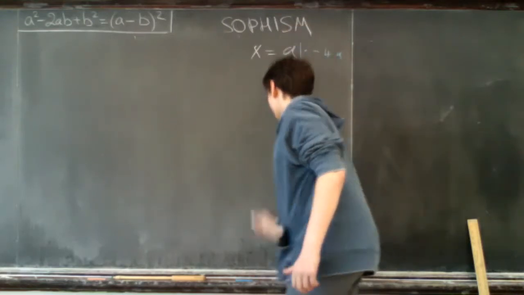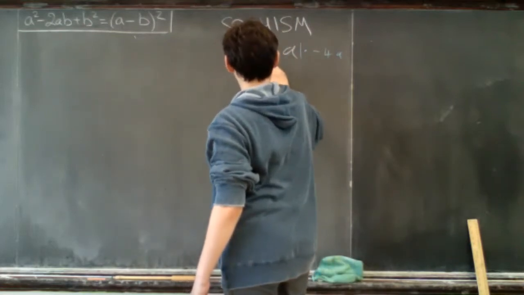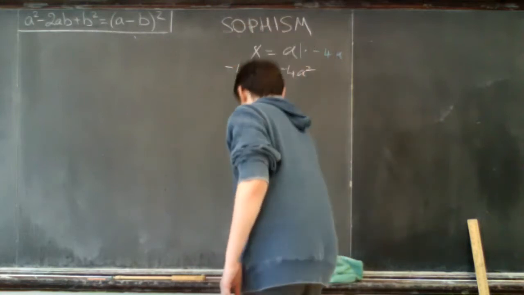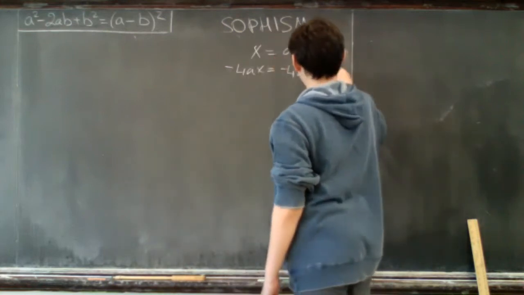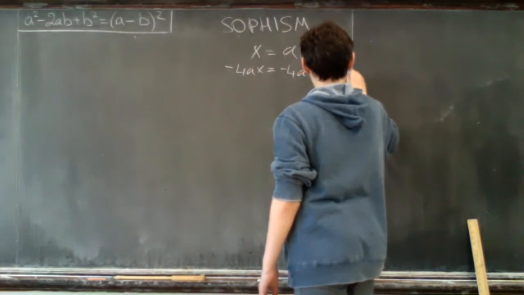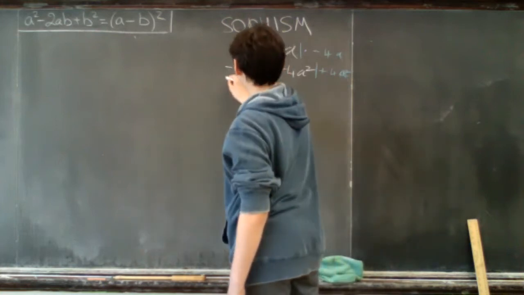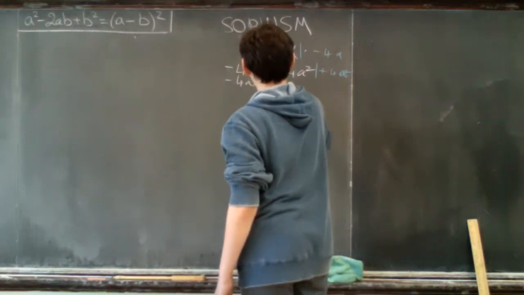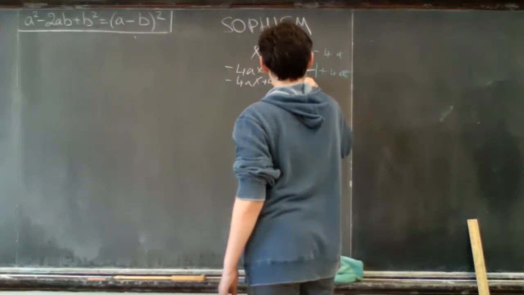So now I will have negative 4ax equals negative 4a squared. Next, I'm going to add 4a squared to both sides. So I will have negative 4ax plus 4a squared equals 0.